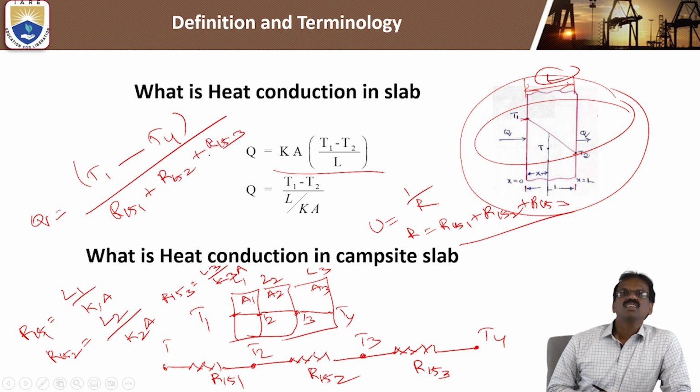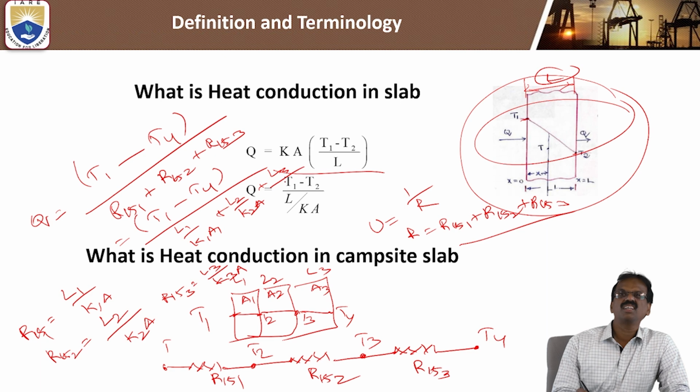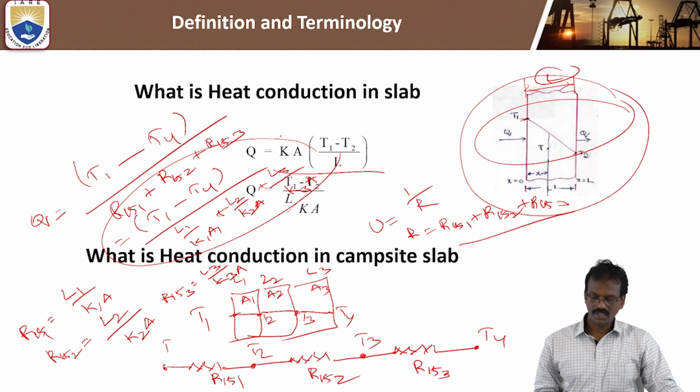That means T1 minus T4 by L1 by K1A1 plus L2 by K2A2 plus L3 by K3A3. So this is the formula for the heat conduction in composite slabs.